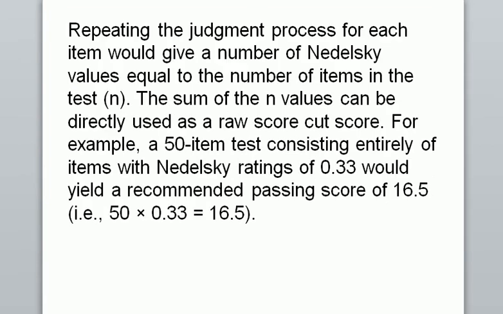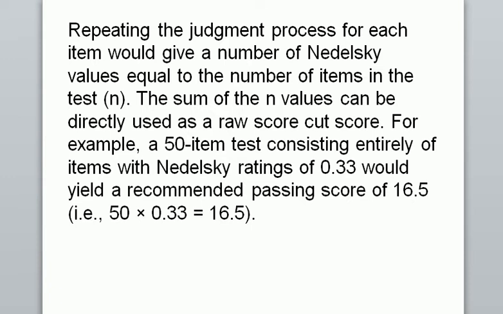So repeating the judgment process for each item would give a number of Nedelsky values equal to the number of items in the test. The sum of the values can be directly used as a raw cut score.